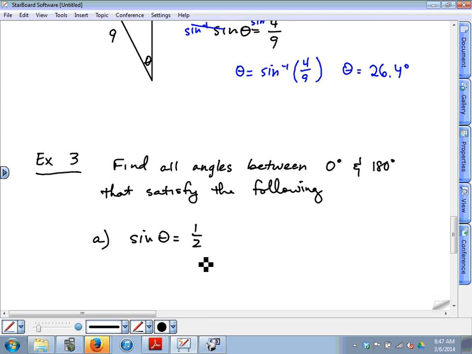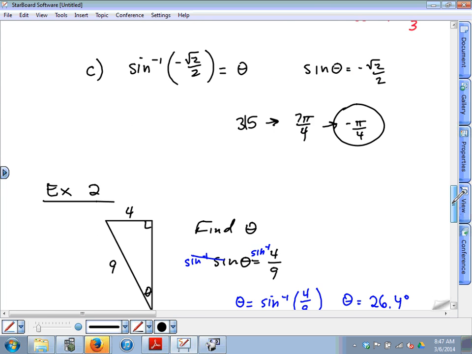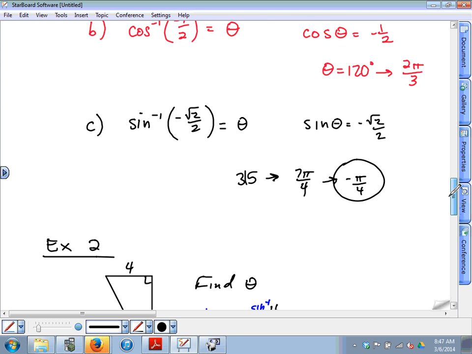Sine of theta equals 1/2. All this section is, if you think about it, is a repeat of the first section that we did up here. It's just in disguise.